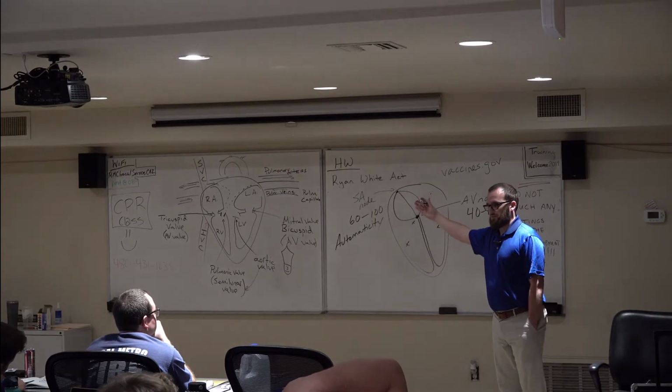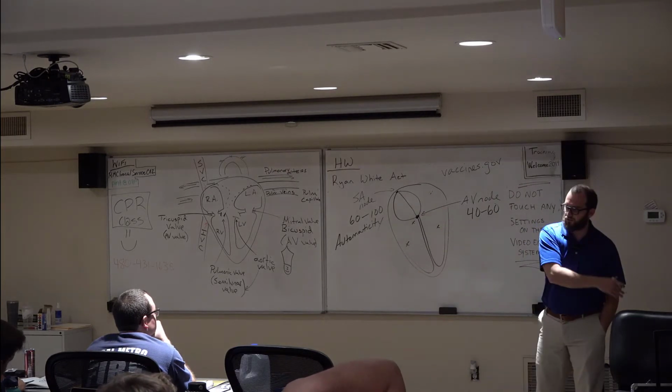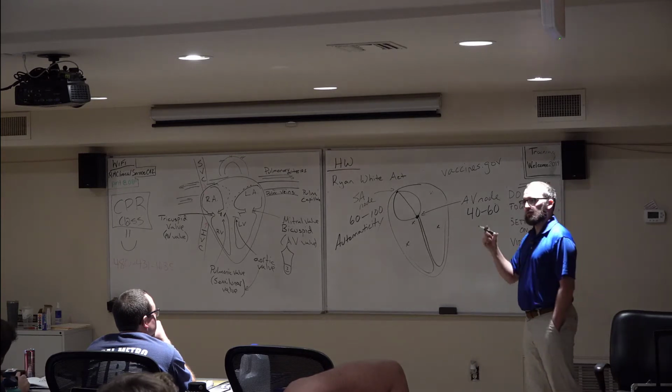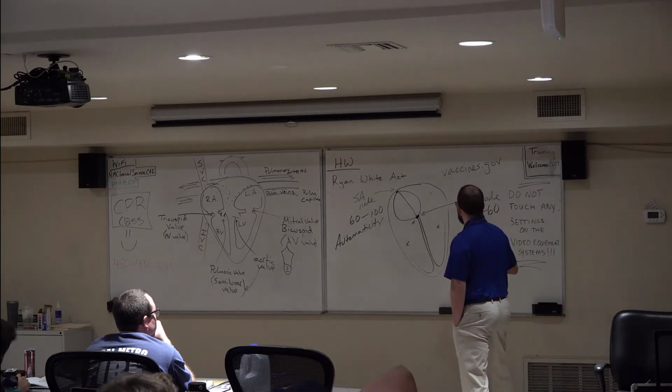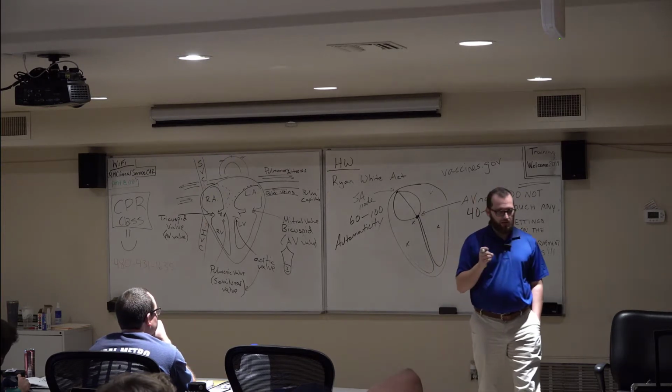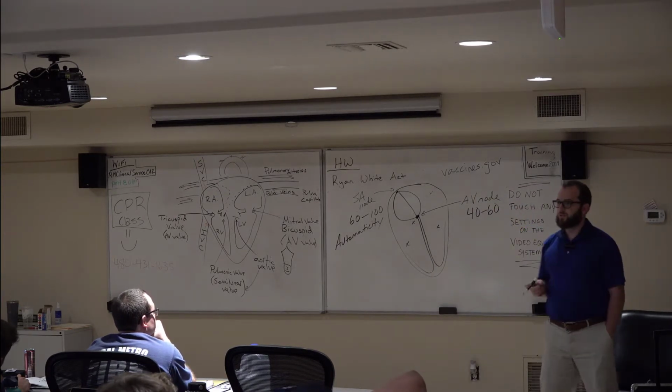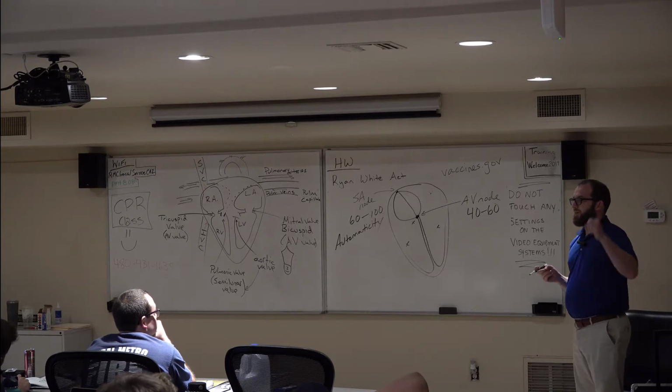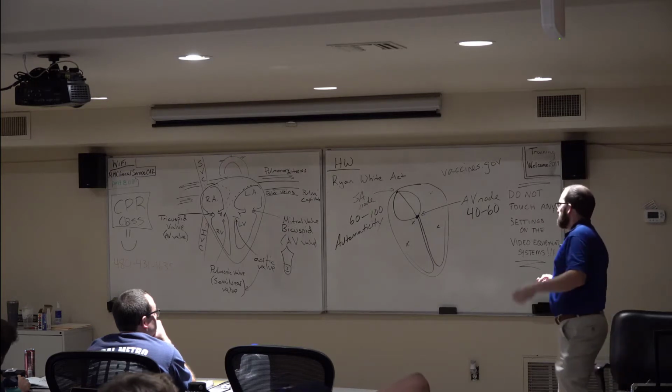Can it fire faster? Yep. Can it fire slower? Yep. Right? But all things considered, it wants to fire that range. So even all of us sitting here right now, the AV node would like to be firing 40 to 60 times a minute. But the SA node wants to fire 60 to 100 times, so it wins. So we're all sitting here with sinus rhythms, right?